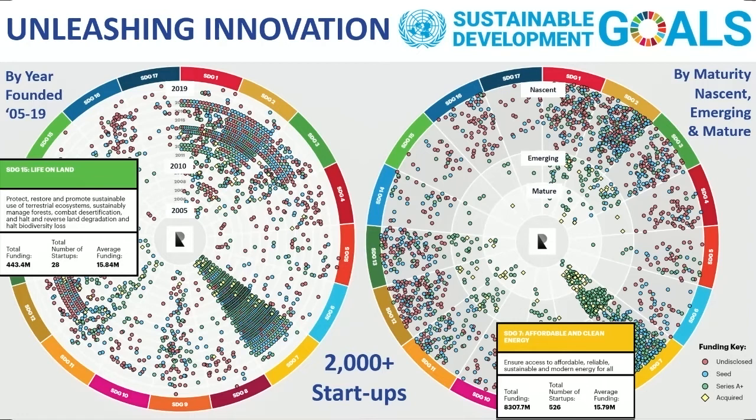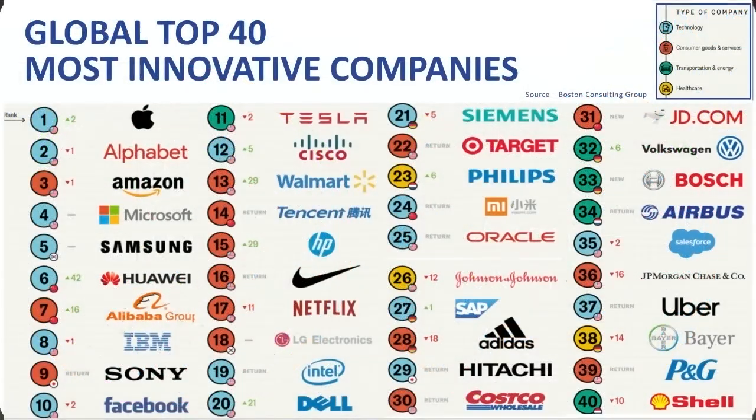Now, there are many millions of dollars invested behind this slide. So again, very briefly, just touching on the global top 40 most innovative companies. You may have seen this or similar. This comes from the Boston Consulting Group, an annual survey.